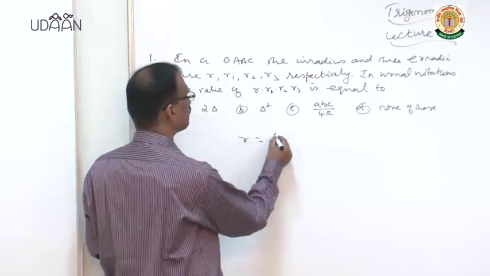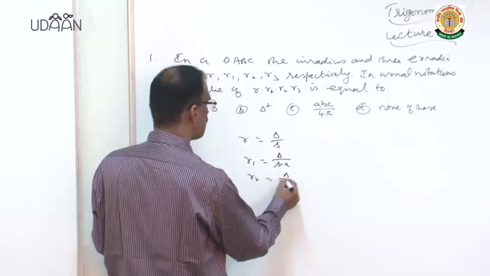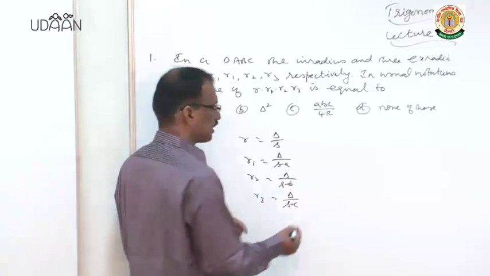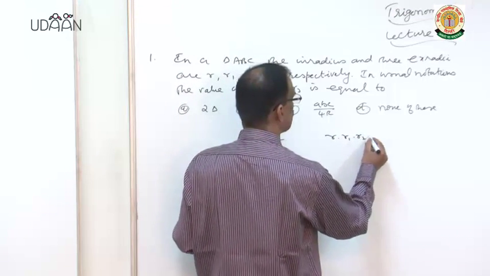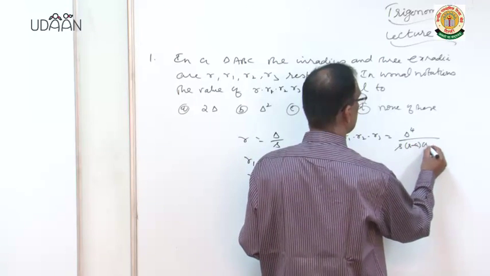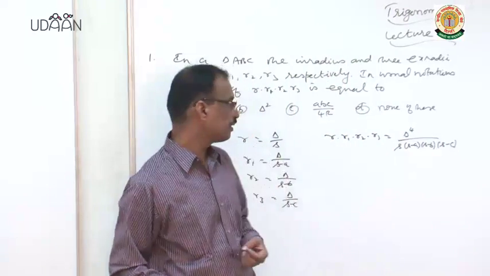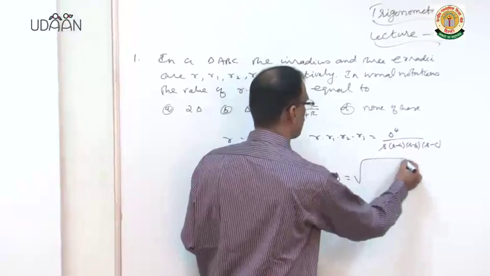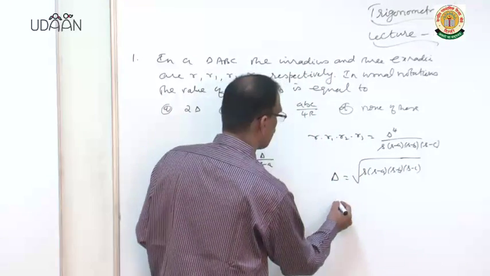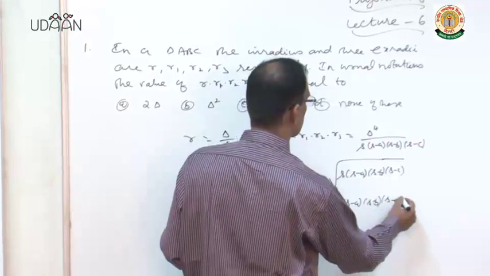So we know that r equals del by S and R1 equals del by S minus A, R2 equals del by S minus B, R3 equals del by S minus C. If you take the product of this, r into R1 into R2 into R3 will give us del power 4 by S into S minus A into S minus B into S minus C. Now we know the area of a triangle, that is Heron's formula, that is the square root of S into S minus A into S minus B into S minus C. If you square it, you get del square is equal to S into S minus A into S minus B into S minus C.